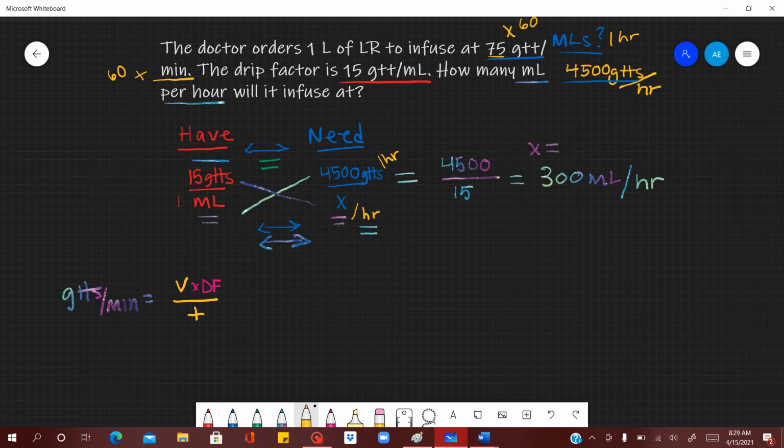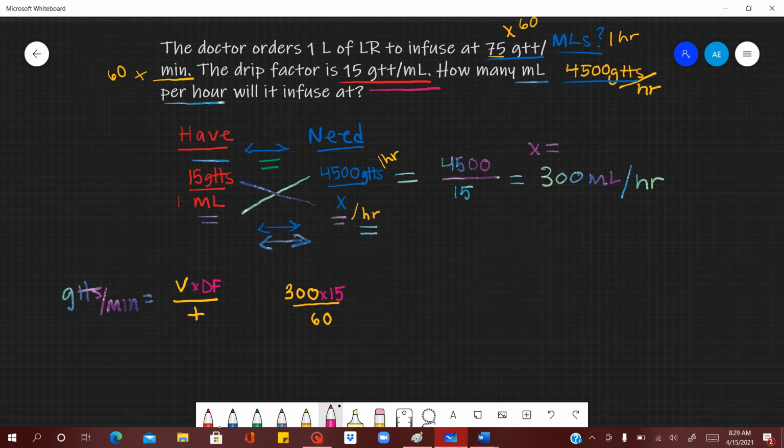So if we plug this in, the V and the T is our milliliters per hour. So we do 300 over 60. And we times that by our drip factor, which is up here in the problem, which is 15.